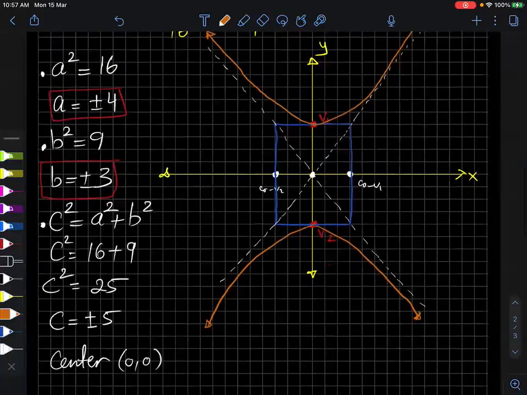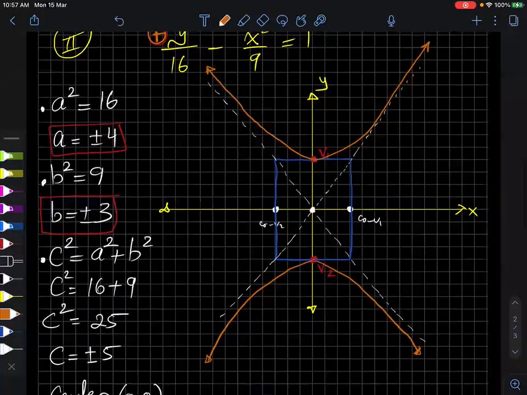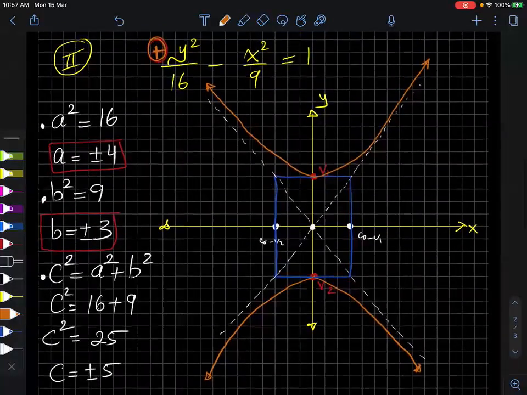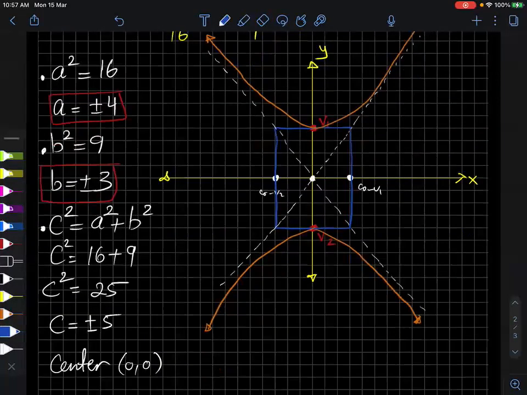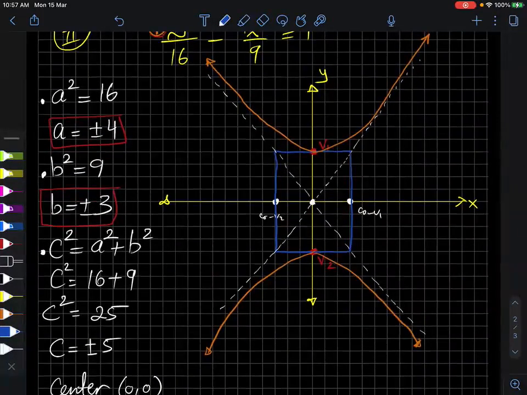Okay, now the foci. The foci is 5 units. What is the transverse axis? The transverse axis has a length of 2a. It is the one that includes both vertices, the center and the foci. So we can now plot them on the y-axis: 0 and 5, 1, 2, 3, 4, 5, and here 0 and -5.